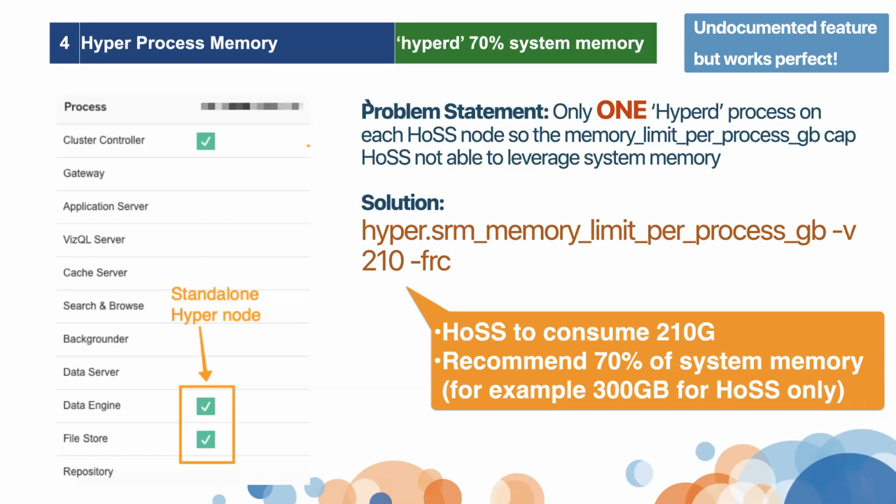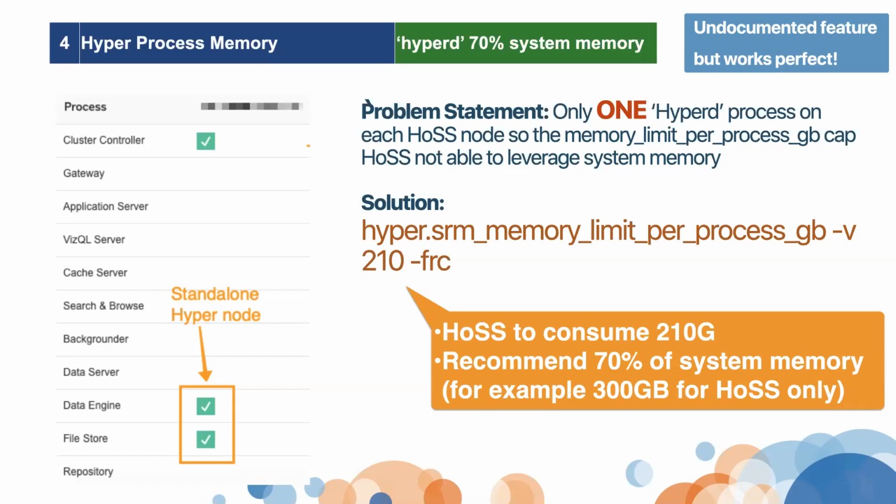Now the good news is that there is a separate TSM configuration that only deals with Hyper process memory. That is what you're seeing here as a solution piece. In this example, if your Hyper node has 300 gig memory, I recommend you set 70%, which is about 200 or 210 gig for your Hyper.